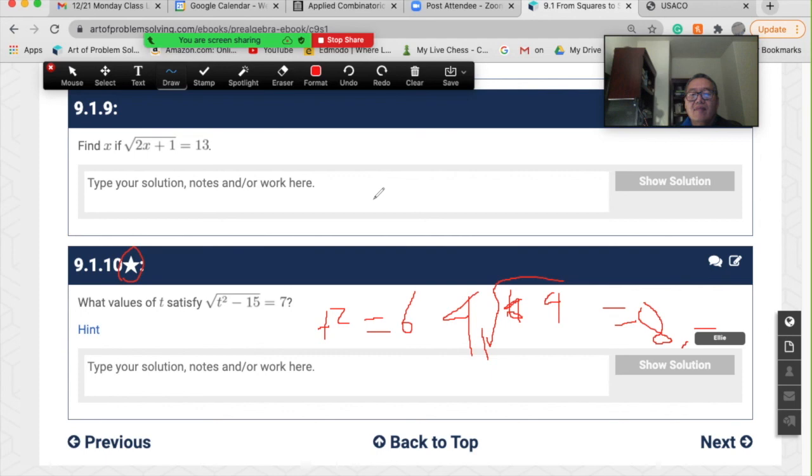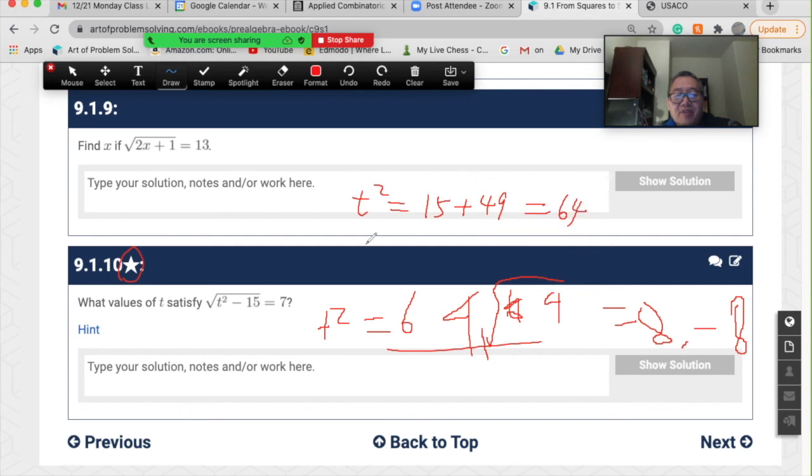This one could also be -8. Okay. So now let's see. What do you write here? So you get t squared should equal 15 plus 49. Then you get 64, so that means t equals 8 and -8. Yeah, that's correct. Very good.